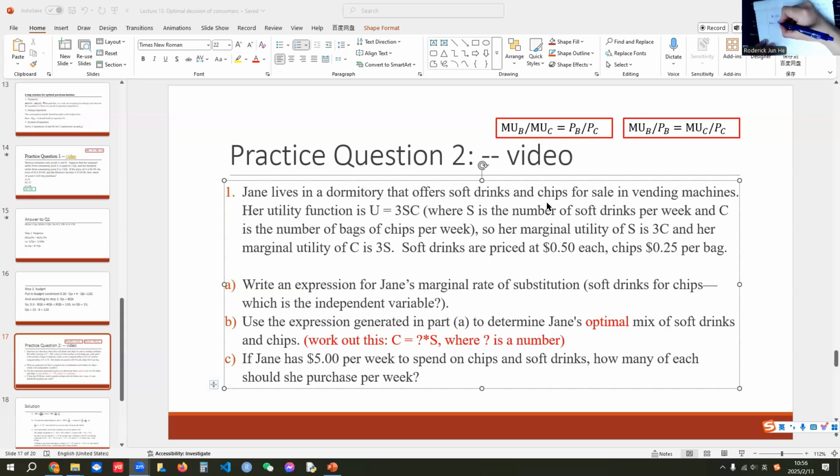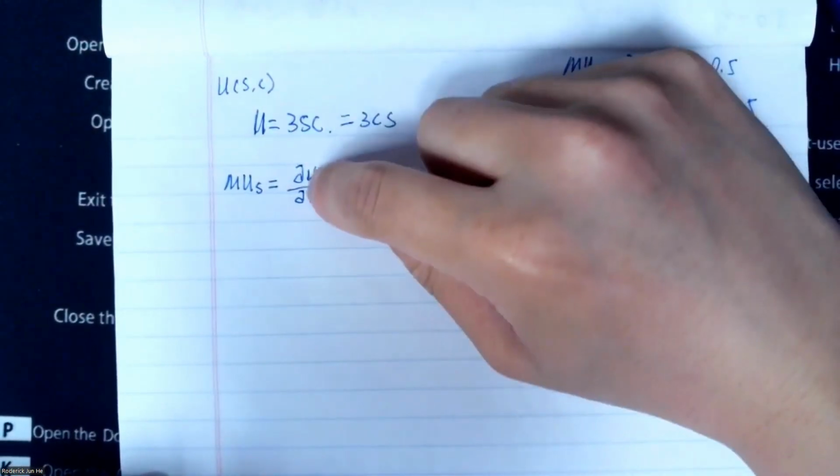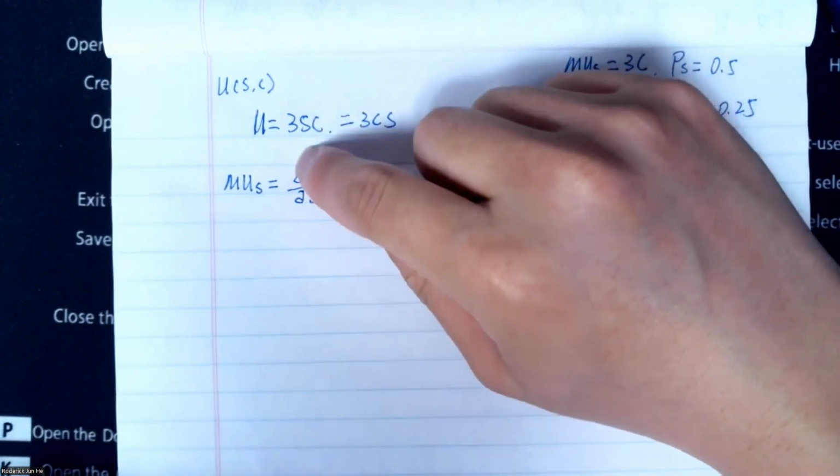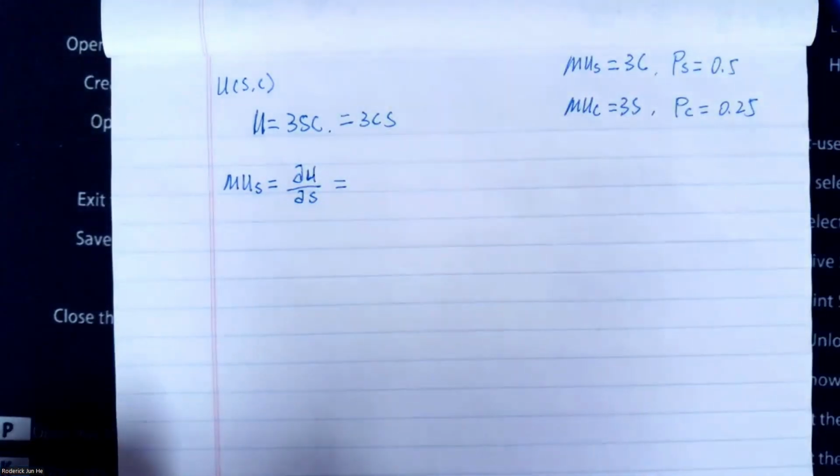Here I'm using the banded version because we have two variables, S and C. If we only use the D, we don't know which one we're deriving with. And this banded symbol tells you this is a partial derivative.